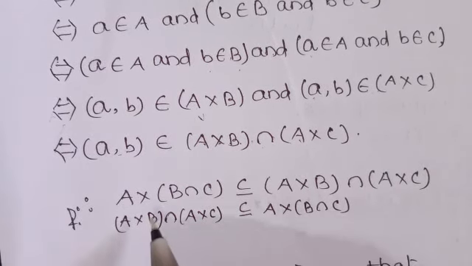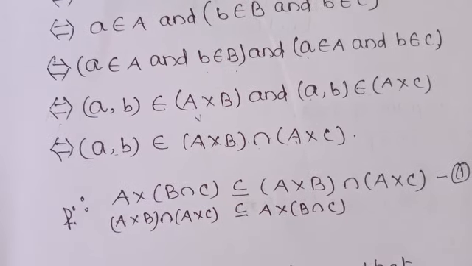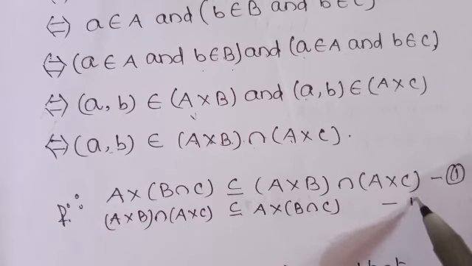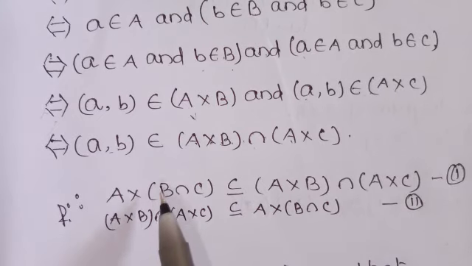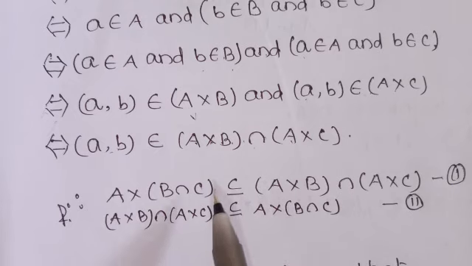So you have two results. A cross (B intersection C) is a subset of (A cross B) intersection (A cross C). This is the first result. And (A cross B) intersection (A cross C) is a subset of A cross (B intersection C). This is the second result. So both sets are subsets of each other. This set is a subset of this one, and also this one is a subset of that. So this is the definition of equality of sets.